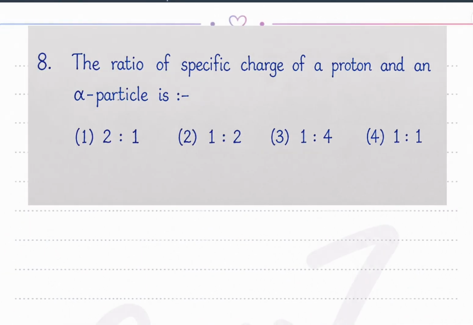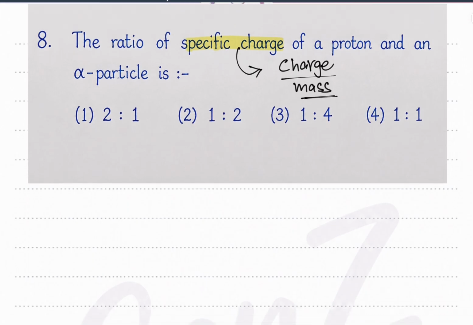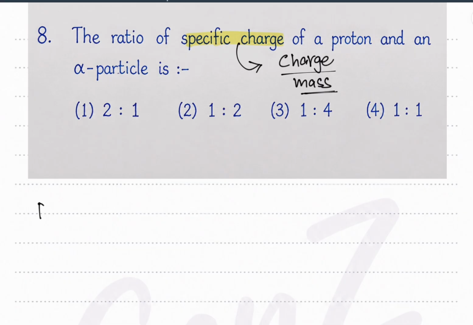Next question: they have asked the ratio of specific charge of the proton and alpha particle. We know what specific charge is. Specific charge means charge to mass ratio. Let us go first with the proton.